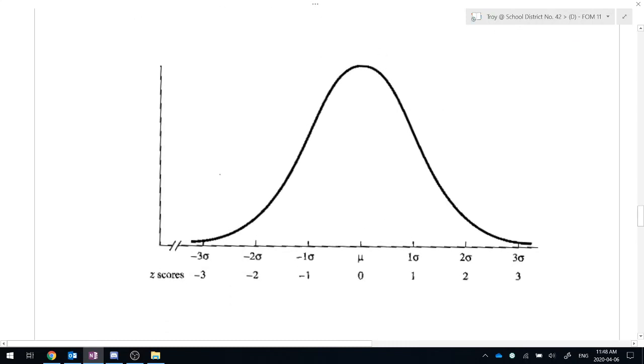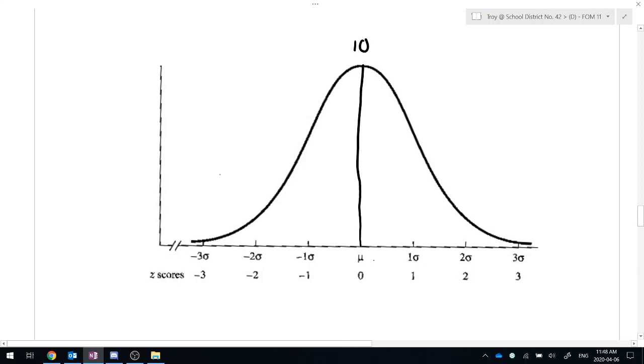If we have a data point that's exactly equal to the mean, let's say 10 is the mean for this graph, 10 would have a z-score of 0.